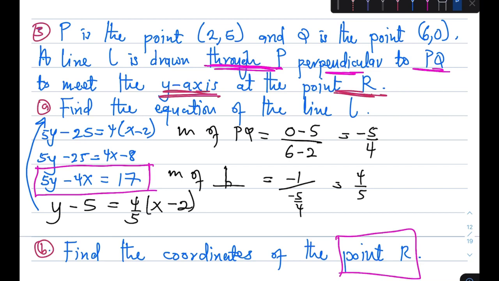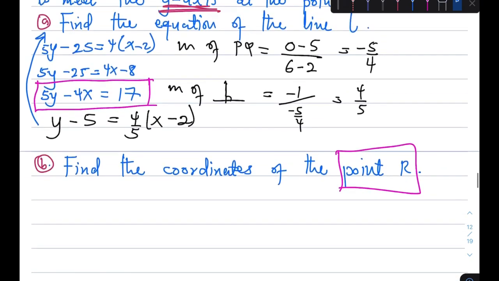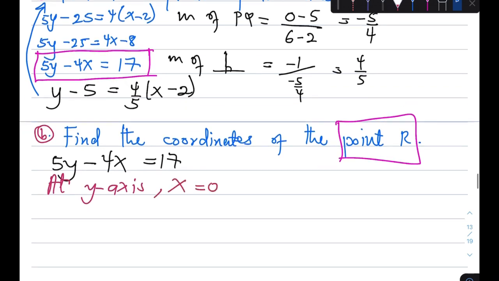If it is meeting the y-axis, what do we know about the y-axis? First, let's write the equation of the line, which is 5y minus 4x is equal to 17. If this line is going to meet the y-axis, then at the y-axis we know that the x value is 0.